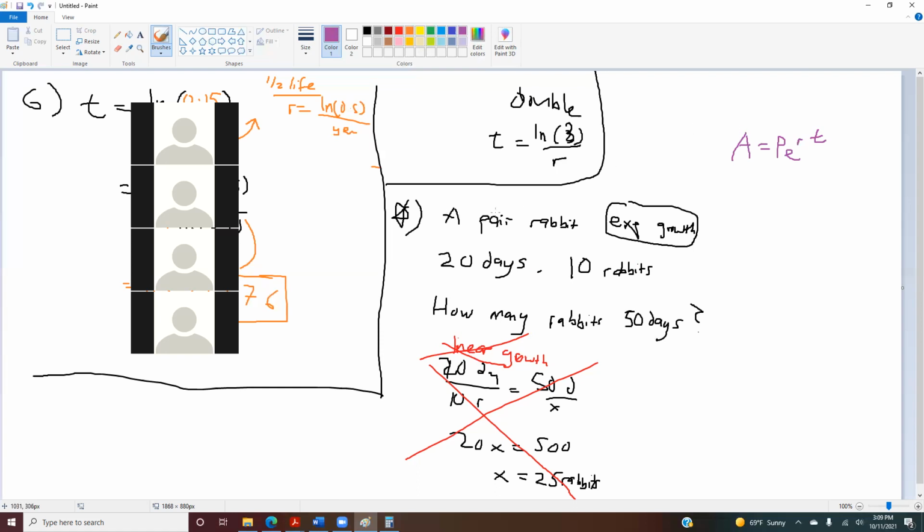When I say a pair of rabbits is what you start at, that is your P. So in this case, P is 2. 20 days is your T, and 10 rabbits is your A. So I want you to plug all this in here and find your rate. You need to find the rate first.